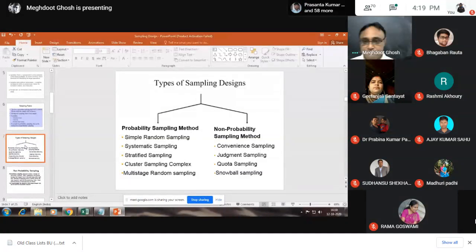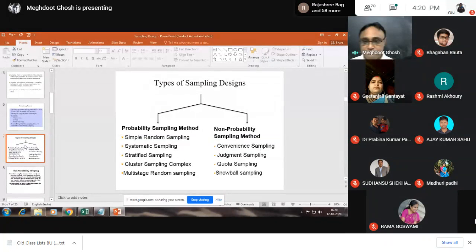Now, if I don't know which person will be selected in my sample, that will be an example of probability sampling. That means I am going to select my samples randomly. So why the name probability? Because each one of the units of the population has equal probability of getting selected or deselected.